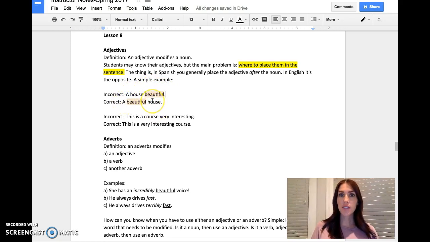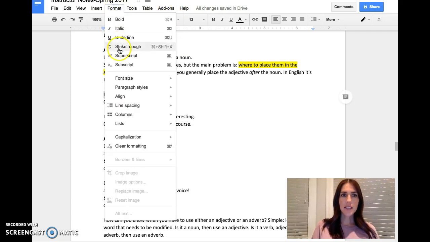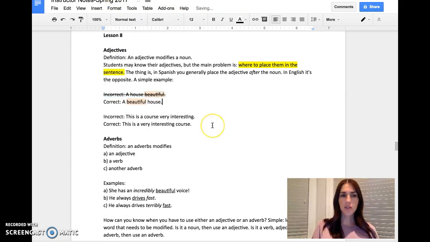House is the noun because it's a person, place, or thing. It's a thing. A beautiful house. So you could say, she had a beautiful house. And that's English. That's what we would say in English. Not, she had a house beautiful. We don't say that. So this one is incorrect. So I'm going to put a strike through it.